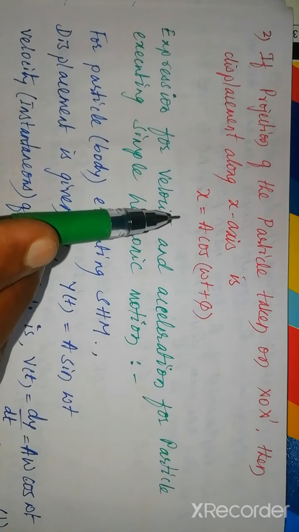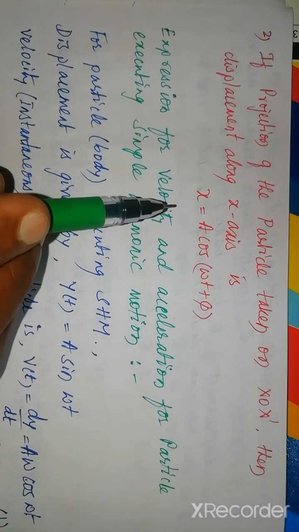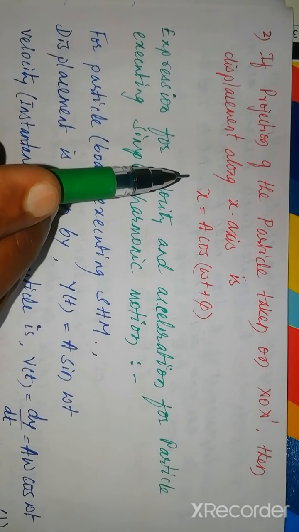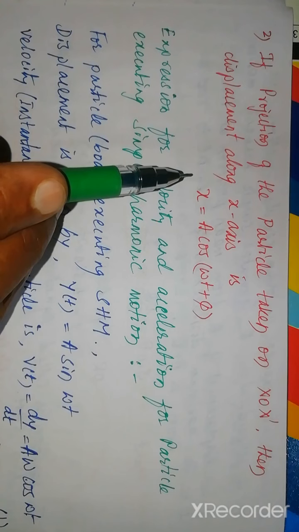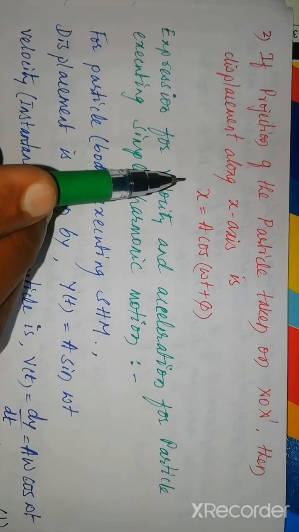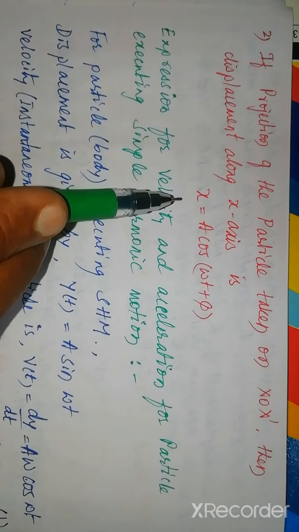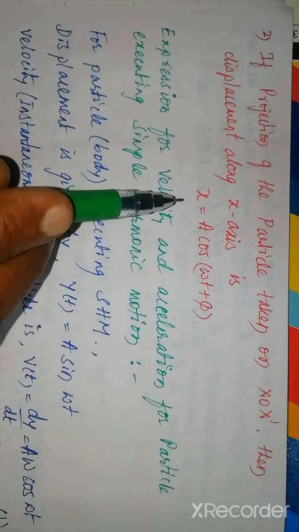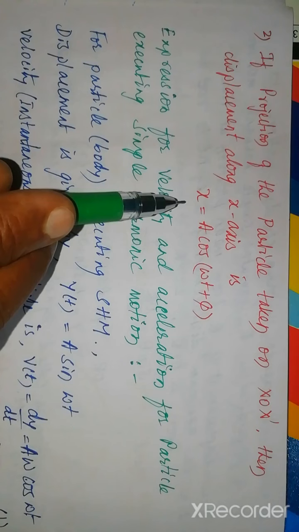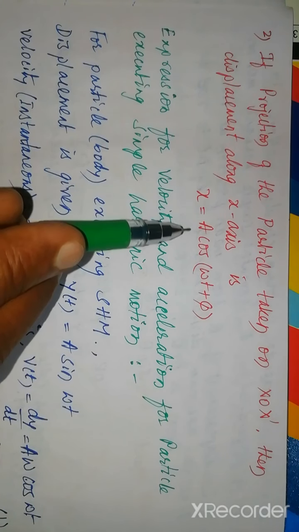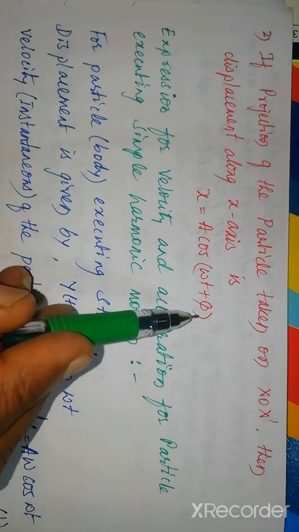If you take the projection on the Y dash diameter, then the displacement will be along the y-axis. That is, the equation of simple harmonic motion is y equals A sine omega t plus phi, whereas for displacement along the x-axis, taking the foot of perpendicular on the x-axis, the equation of simple harmonic motion becomes x equals A cos omega t plus phi.